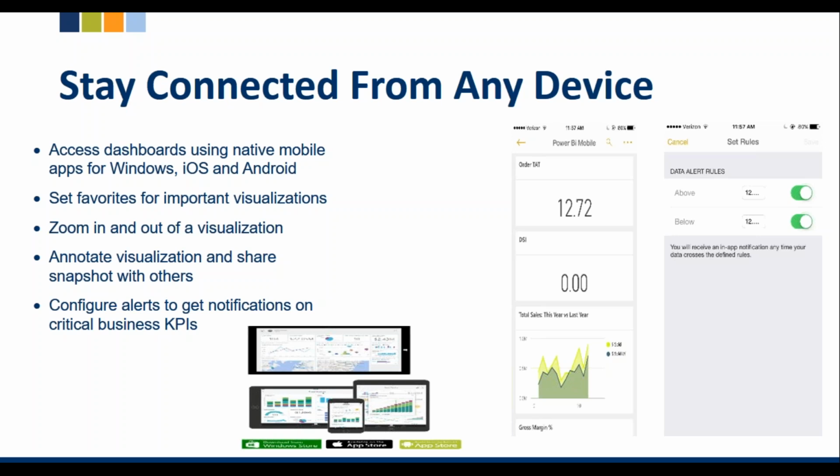And what we can also do in the mobile is we can set alerts. So we'll see order TAT, that stands for turnaround time. When the order comes in, how fast are we getting that order out? Well, maybe our goal is 10 hours. We want it in and we want it back out real fast. So in the mobile app, we can set alerts, and we can say, if that turnaround time ever goes above 13 hours, something's wrong.